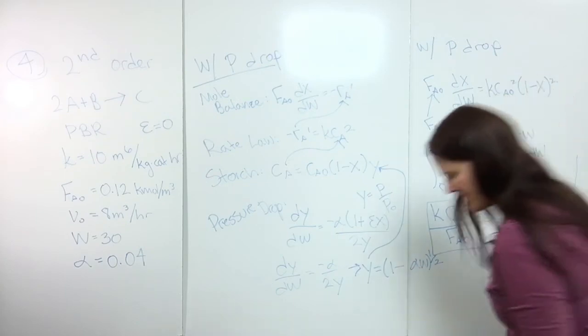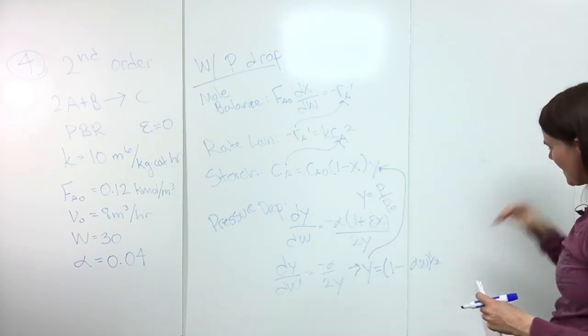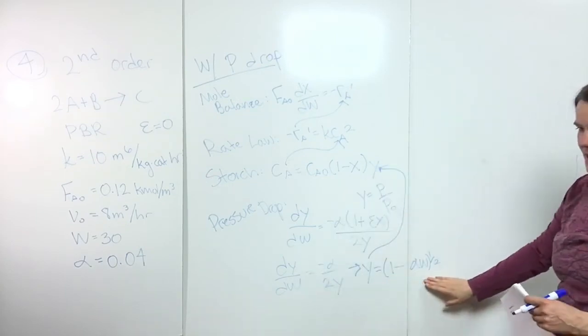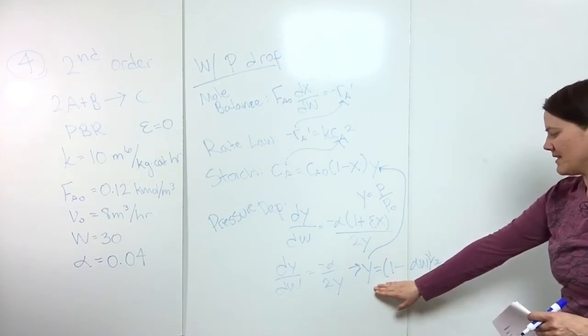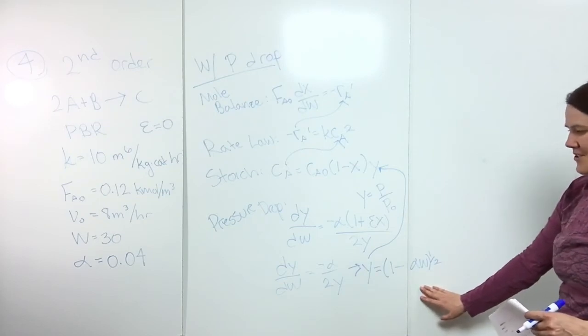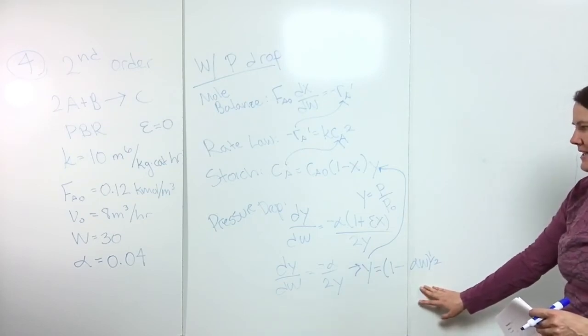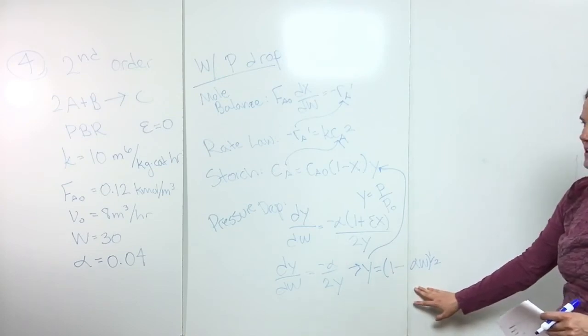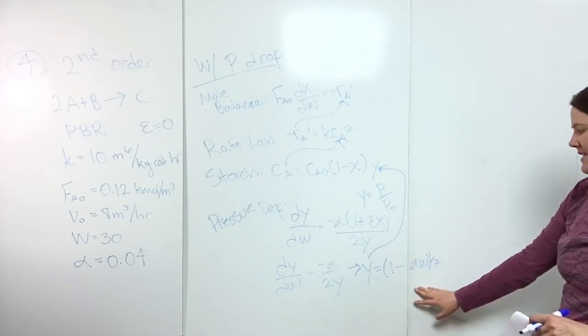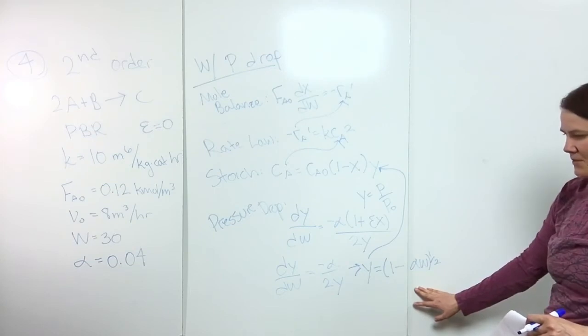So I'm going to erase some stuff real quick. And just make sure, if you're solving these problems, I would not jump straight to this equation unless you know for a fact it'll work. So this equation only works if you're, first of all, assuming that epsilon is equal to 0, and it also has to be isothermal.